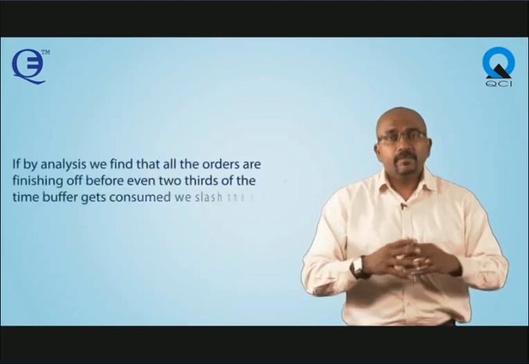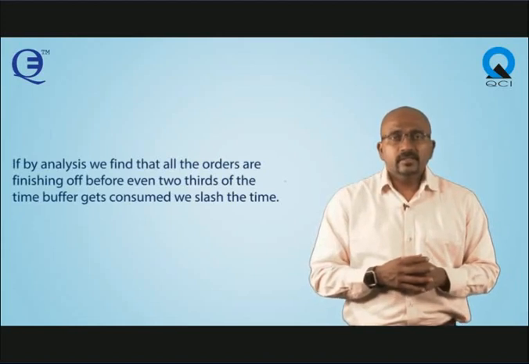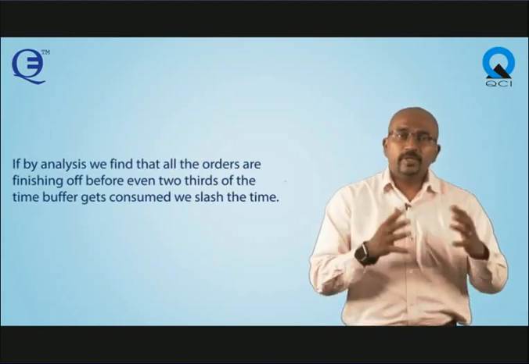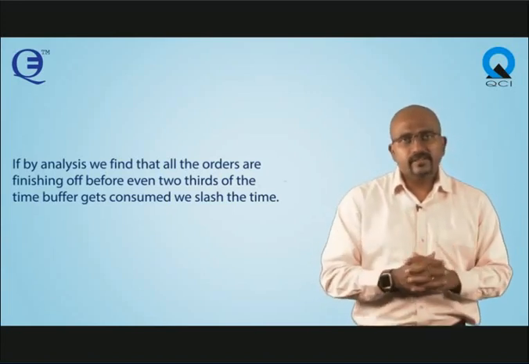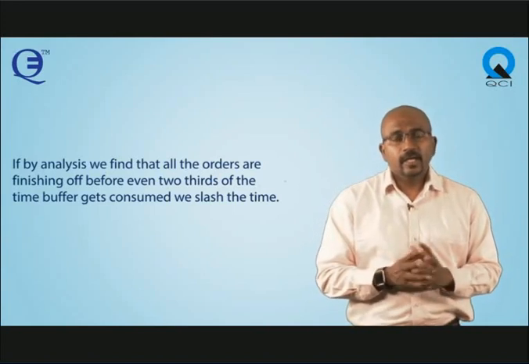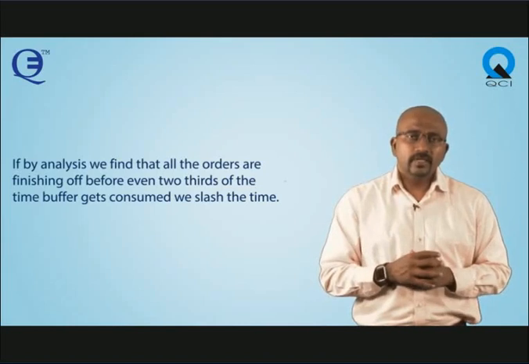But if by analysis we find that all the orders are finishing off before even 2/3 of the time buffer gets consumed, we slash the time. And the more time buffer we slash, the quicker the flow, and that is the aim. So as we keep reducing the time buffer, we keep exposing constraints or obstructions to flow, and these get highlighted by the priority system.